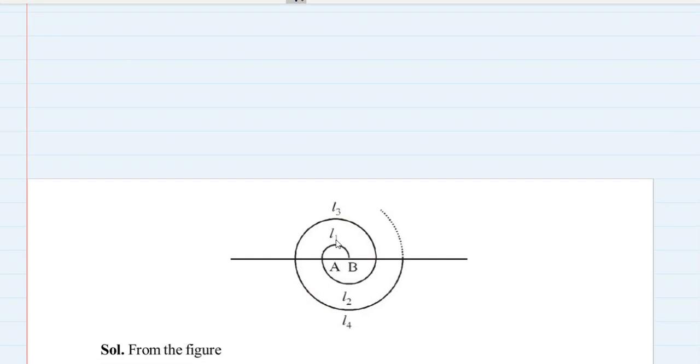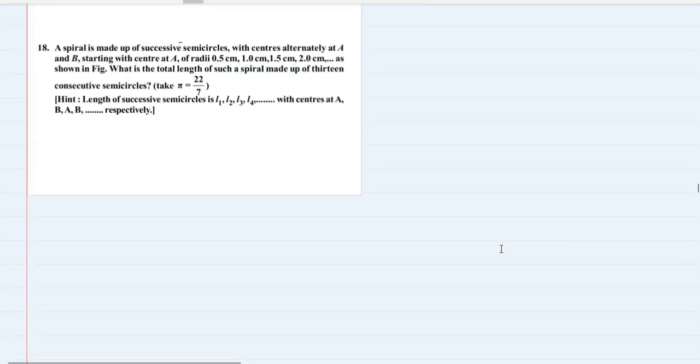The center of this semicircle in blue is A. The center of this other blue semicircle is also A. But the center of this semicircle is B, and so does the center of this semicircle. Okay, so this is how a spiral is made using two centers which are collinear on the same line.